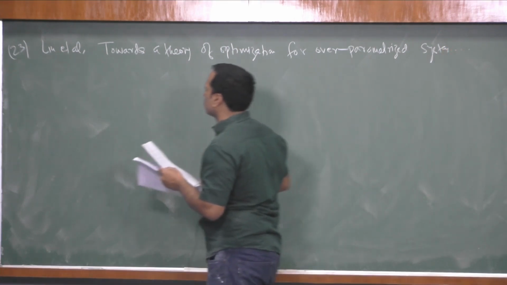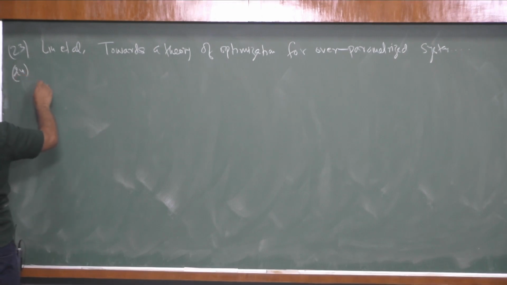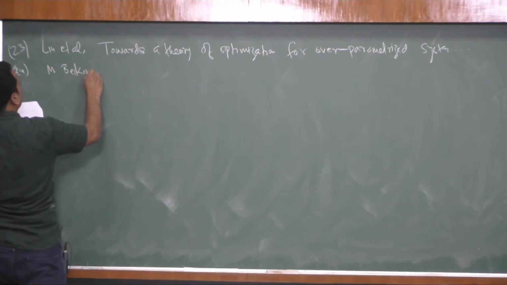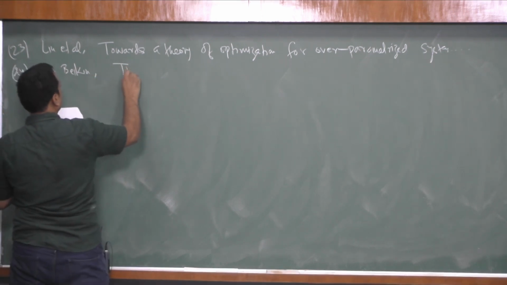Okay, so that's 23, and 24 is The Power of Interpolation, by M. Belkin.